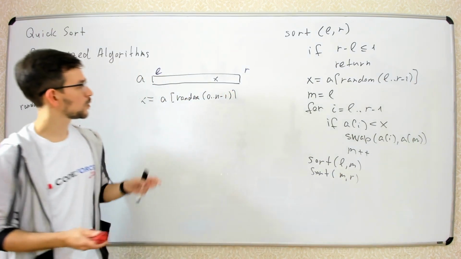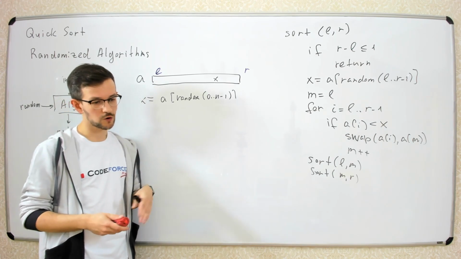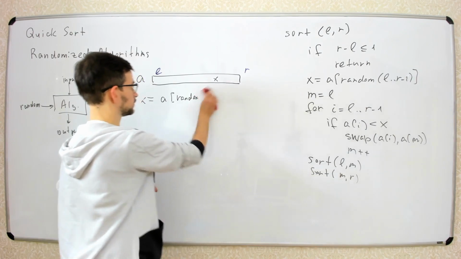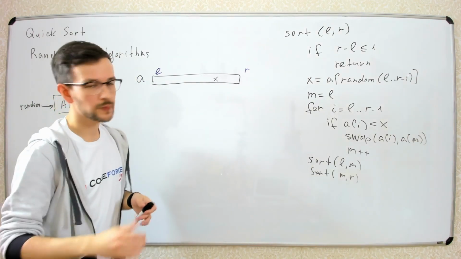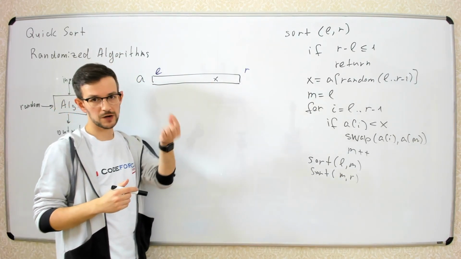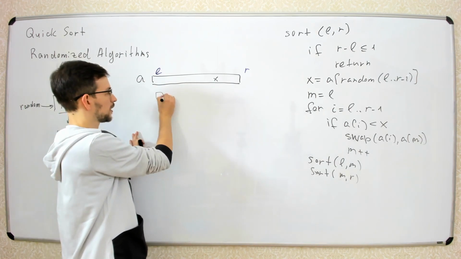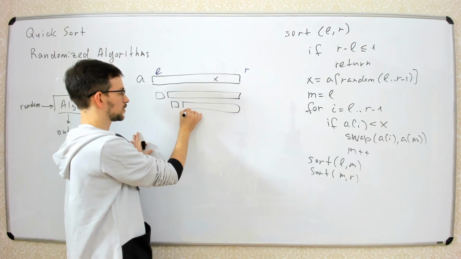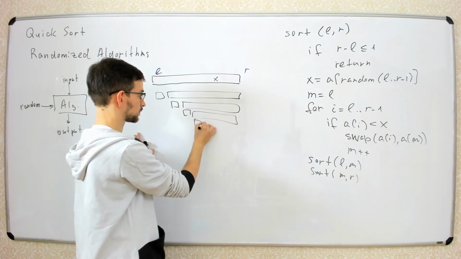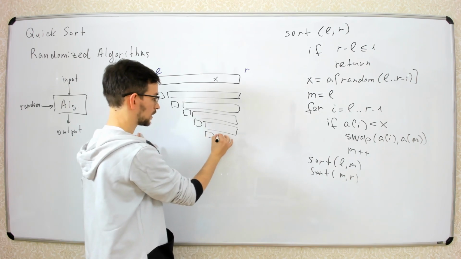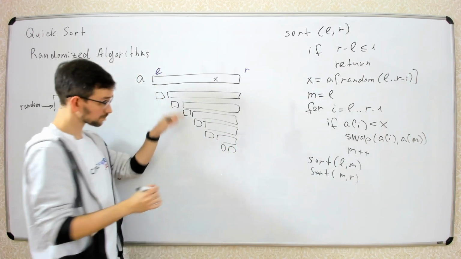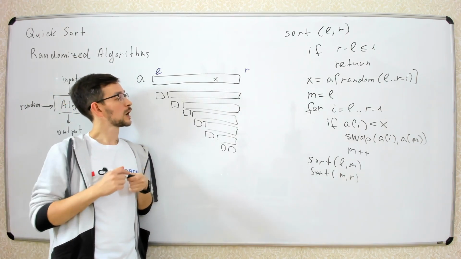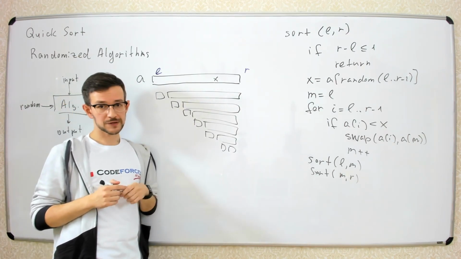Yeah, the problem is when you pick the element which is minimum possible or maximal possible. So if each time you pick as x the minimal element, you split the array into the minimal element and all other elements. And again, the minimal element and all other elements, and so on. So every time you split the array into two very unequal parts. What will be the time complexity of this algorithm in this case?